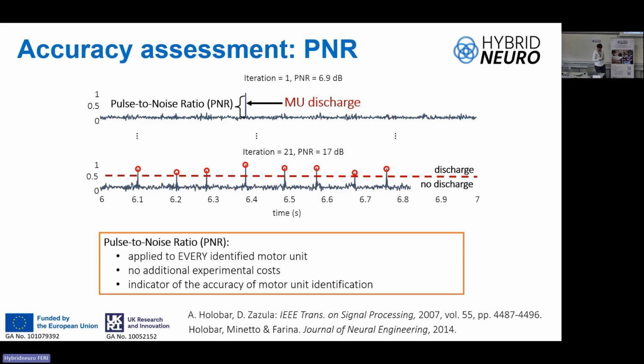Okay, if we would look at the pulse train where 2 motor units are merged together, the pulse-to-noise ratio will tell us how well those 2 motor units are separated from others. So always, when reading a pulse-to-noise ratio value or assessing with pulse-to-noise ratio, always be careful to know what the pulses are.